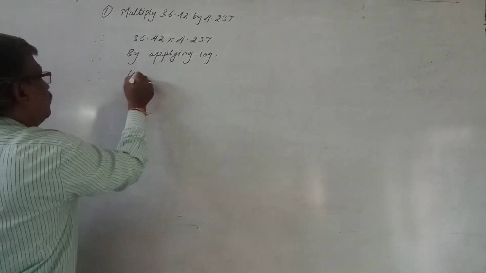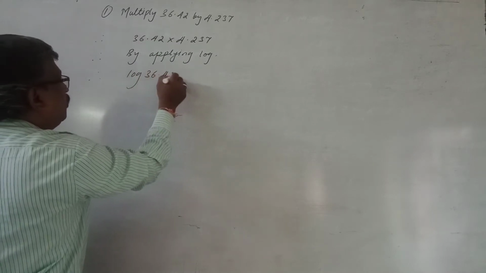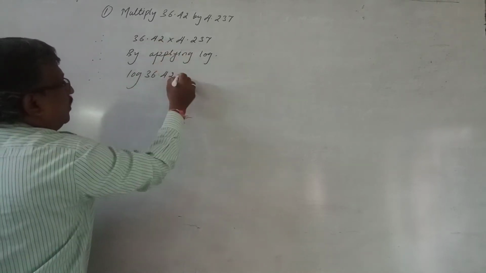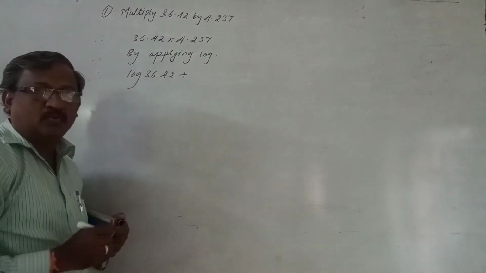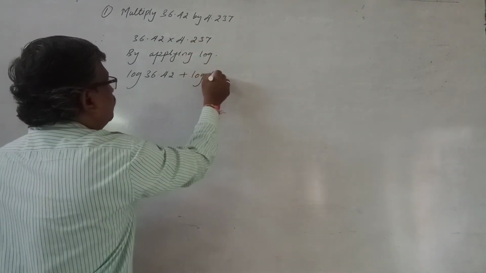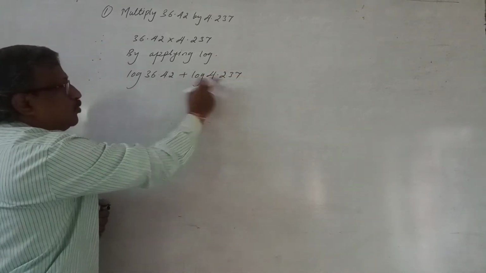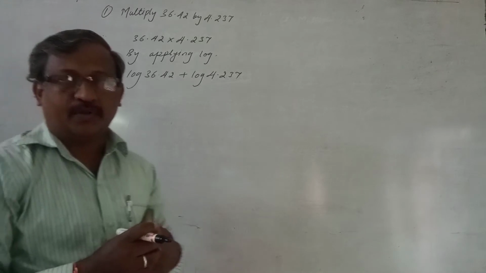So first you have to find out the log of 36.42, right? As there is a multiplication, logs always we have to add, right? In this one you have to add the log of 4.237. So this is how you have to multiply in the words of logarithm.